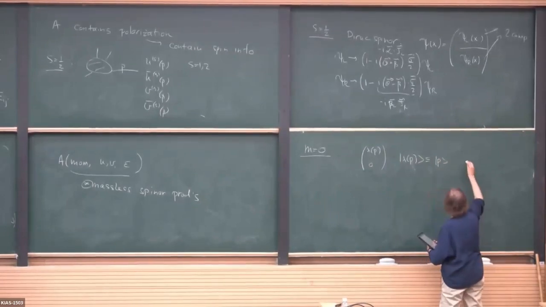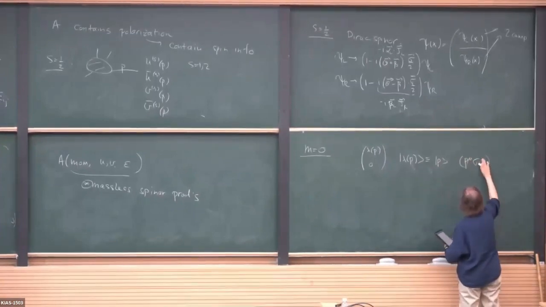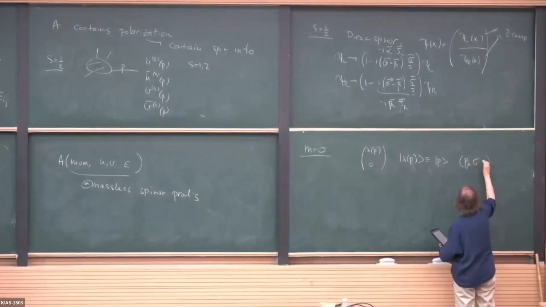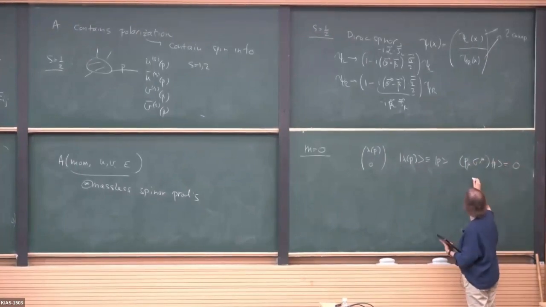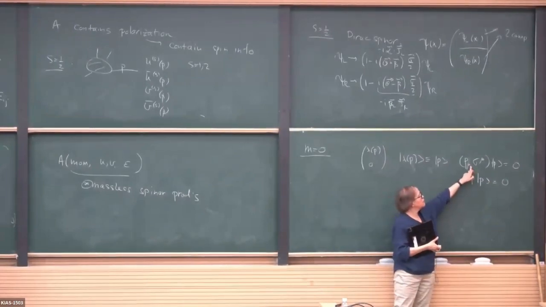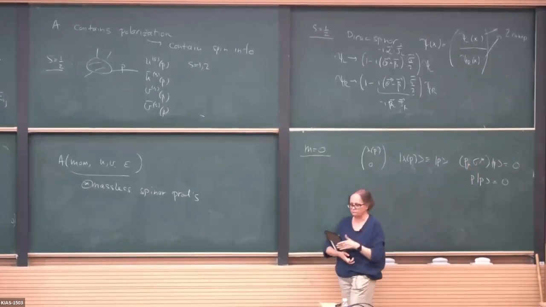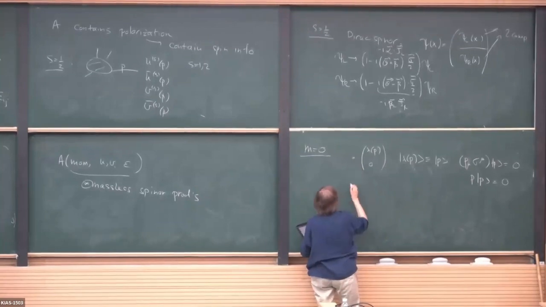And of course, this thing satisfies P mu sigma mu equals 0, which we can write as P equals 0. So when I just write P, I mean that P mu is contracted with either sigma or sigma bar as appropriate. This is one type of spinor that we have.